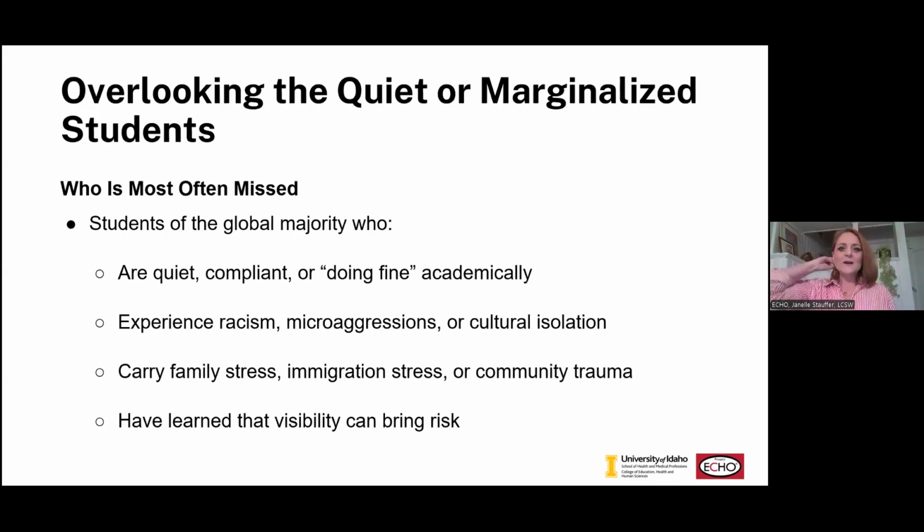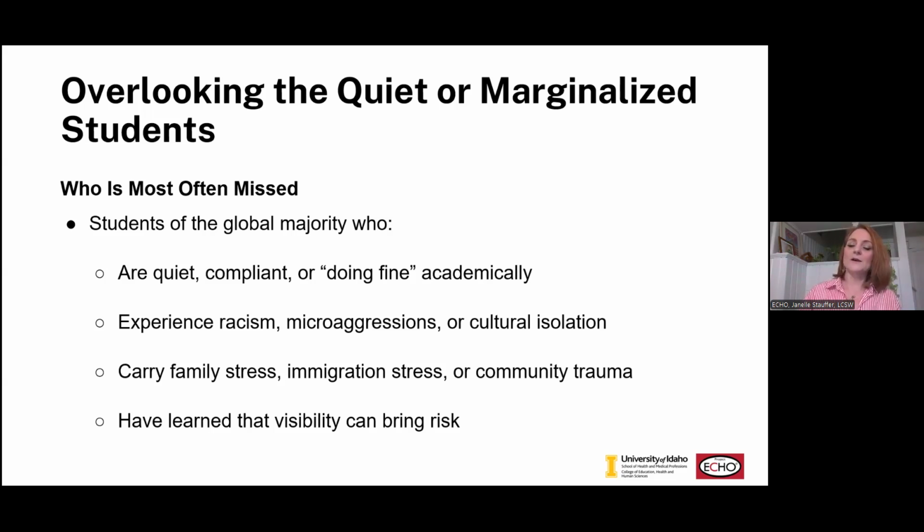The next barrier is related to the quiet or marginalized students. We're seeing a high level of students of global majority who are showing up as some of the missed students. They tend to be quiet, compliant, or doing fine academically, and they experience racism, microaggressions, or cultural isolation that is only reinforced by the stigma we put on help seeking in our systems.